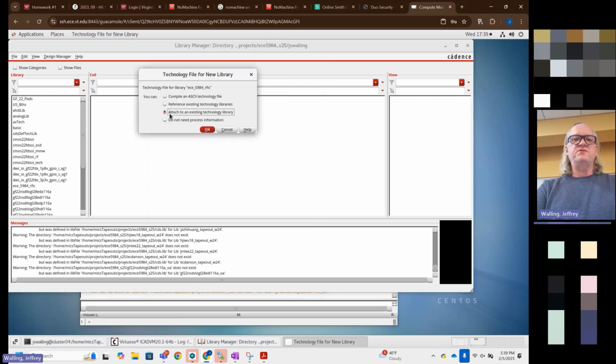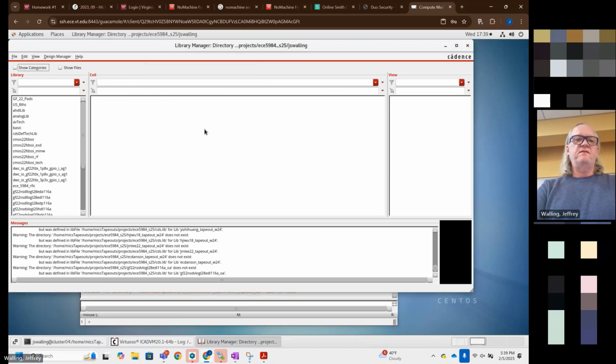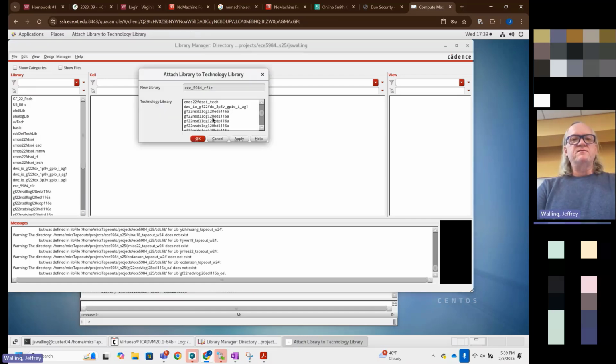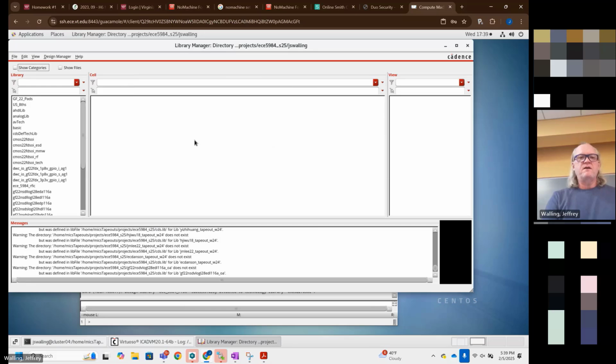We're going to attach it to an existing technology library, and that library is going to be the CMOS 22 FDSOI. If that goes well, you should see the new library right here. It's important that you attach the library to a technology library. Otherwise, when you start to put schematics in, the display might not look normal.